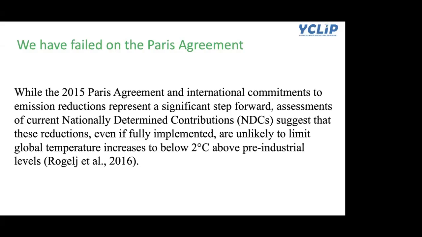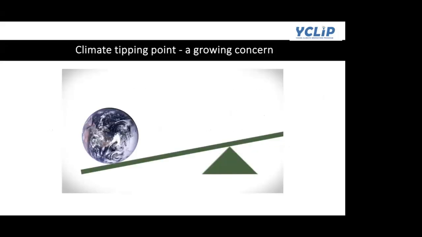The Paris Agreement is talking about 1.5 degrees Celsius, and we have to get this before 2050. This is 2024, and we are already 1.36. So for me, I say we have failed at this.